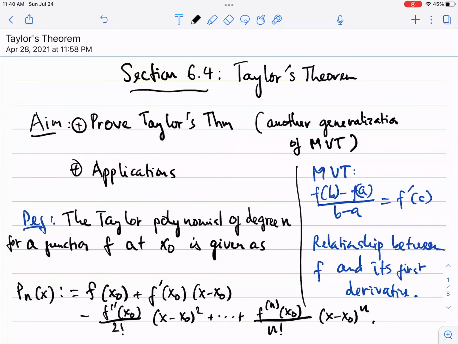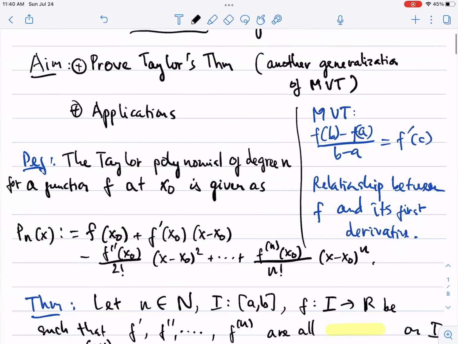So, the mean value theorem is basically related to the equation f(b) minus f(a) divided by b minus a equal to f prime of c. So the Cauchy mean value theorem is based on the extension of generalizing one function to two functions.